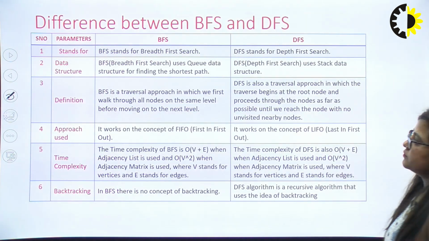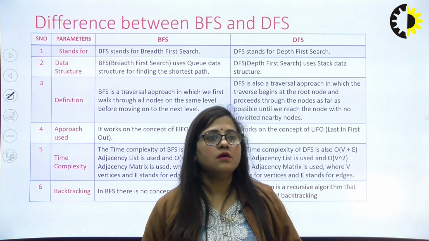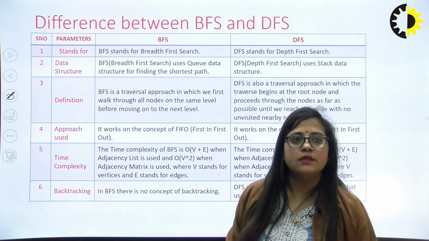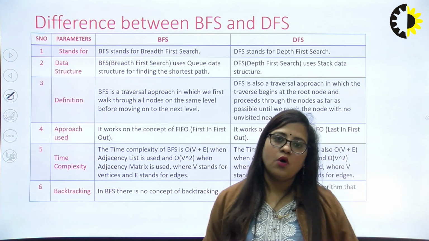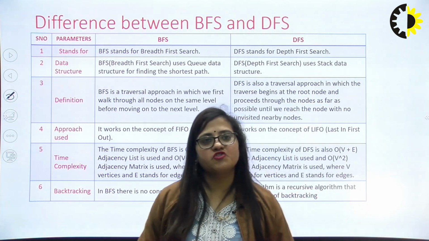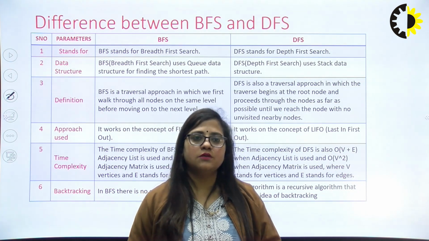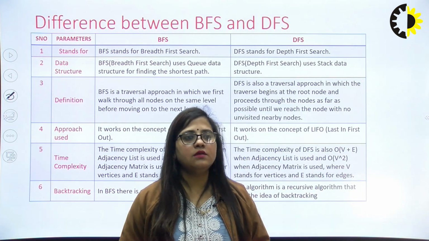Now some differences between BFS and DFS. BFS, breadth first search, works on a queue, that means FIFO, first in first out, and DFS uses a stack data structure, which works on the concept of LIFO, last in first out.